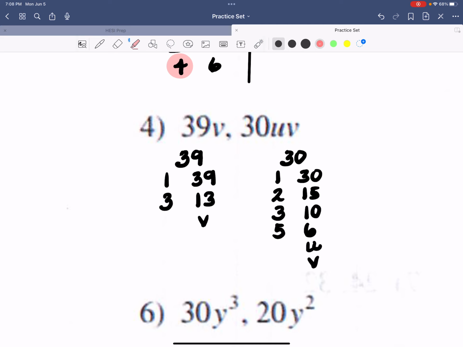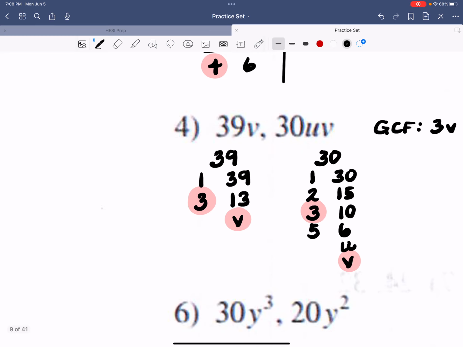Look for your common ones. You have a 3, you have a V, that's in common. So your greatest common factor, don't overthink it, is a 3 and a V. We'll use that on another day, but for now, let's just learn to find the factors.